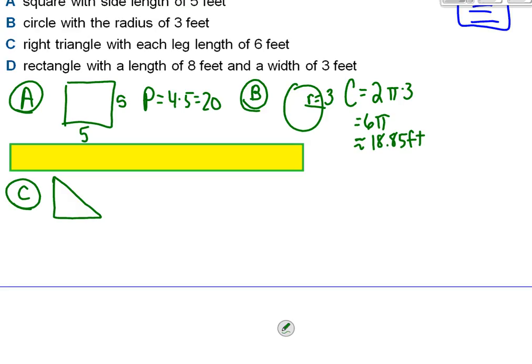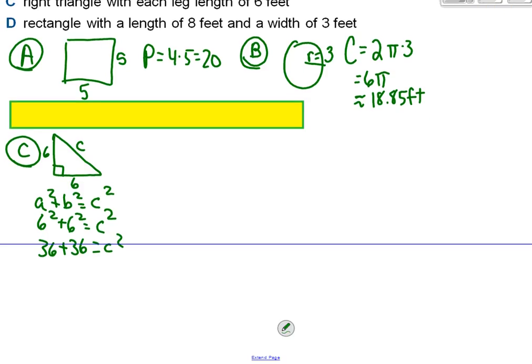If each leg is 6, those are a and b, and c is missing. So before you can find the perimeter, you have to find that missing side. So a squared plus b squared equals c squared. 6 squared plus 6 squared equals c squared. This is 36 plus 36 is c squared.